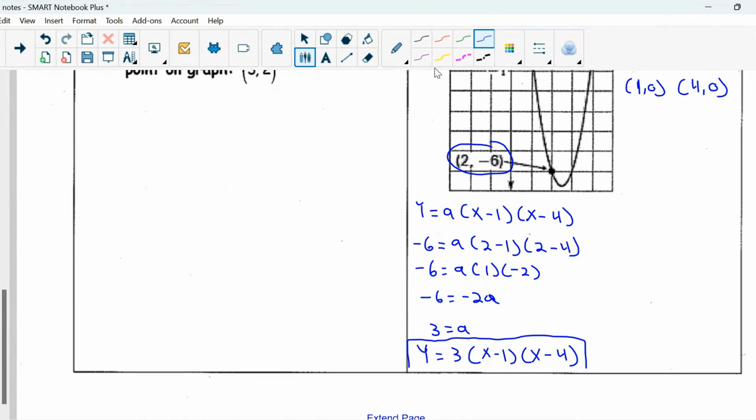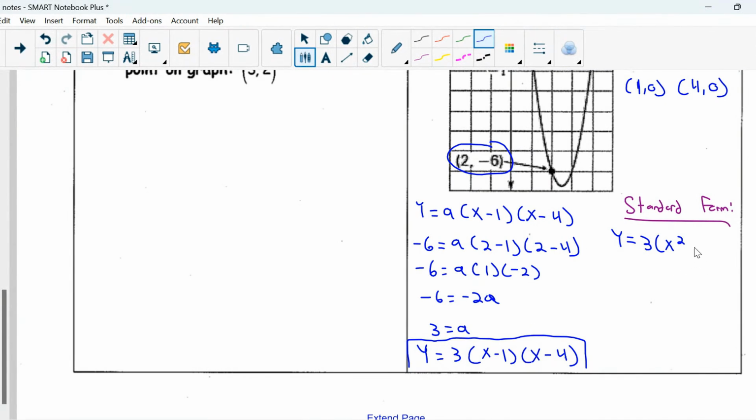So if I was asked to write this in standard form, all I need to do is go ahead and FOIL my middle section there. So that gives me y equals 3 times x squared, x times negative 4, negative 4x, negative 1 times x, negative 1x.